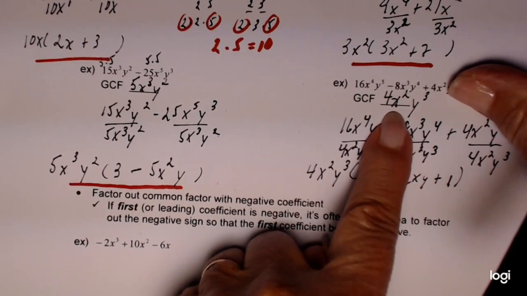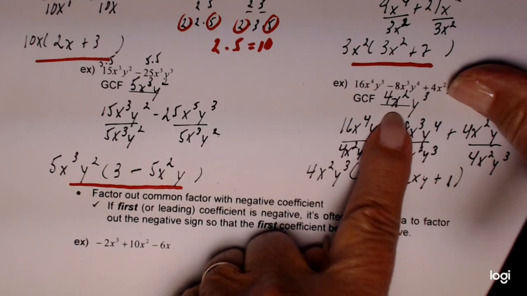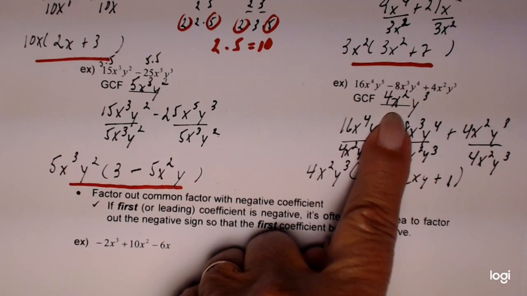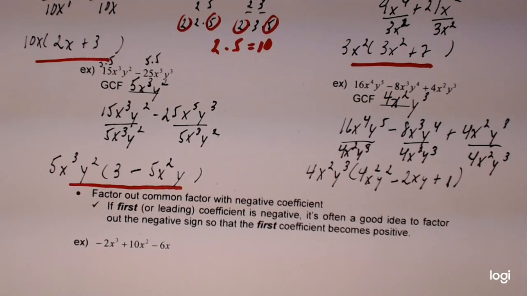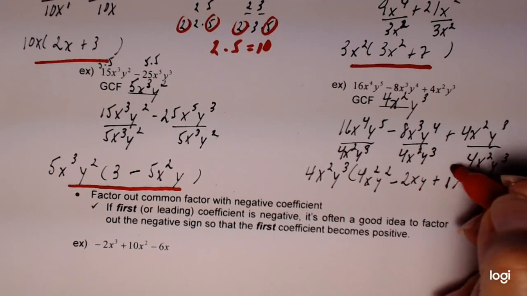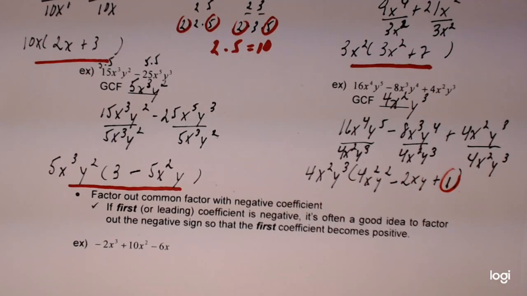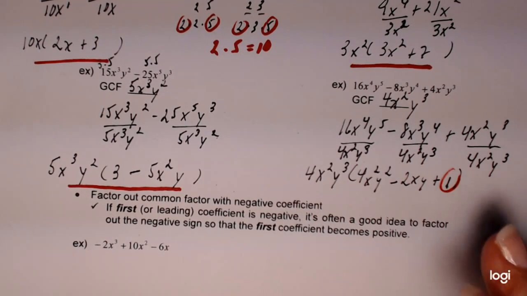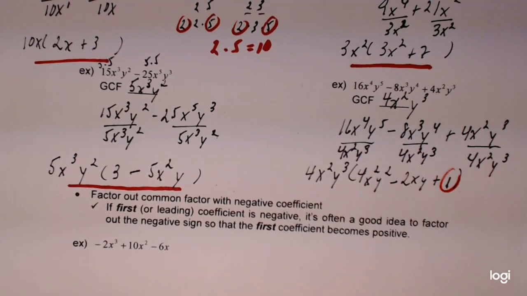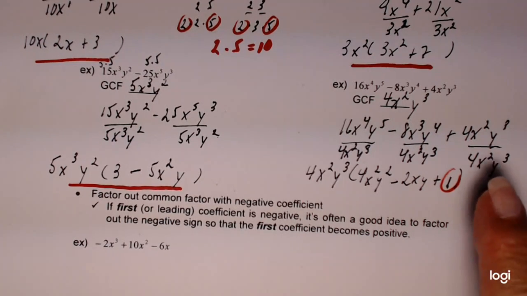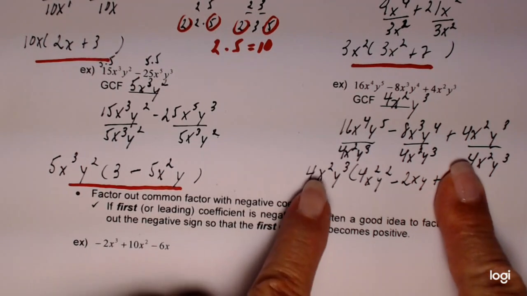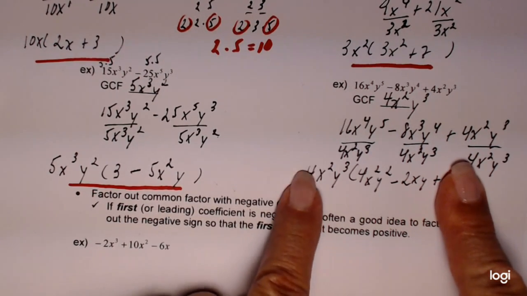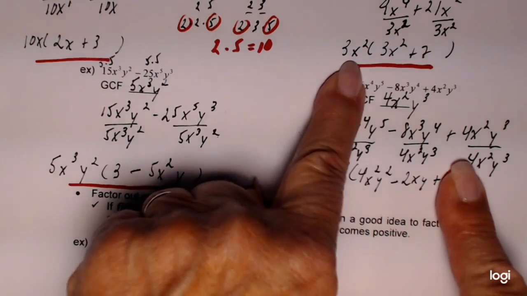Whenever we have that situation where our greatest common factor is exactly one of the terms, it will always be a 1. And that is very important that you do not forget that 1, because if we didn't have that there, when we did this multiplication, this times this will give us the first term.